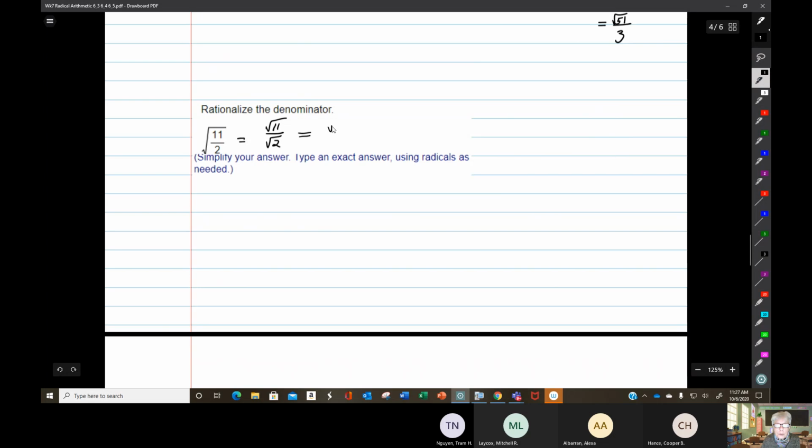Well, that's going to equal the square root of 11 over the square root of 2 times 1 in the form of the square root of 2 over the square root of 2. Then I multiply the numerators together and get the square root of 22. And I multiply the denominators together, get the square root of 2 squared, or we could just say 4, because everybody and their uncle knows the square root of 4 is 2. So the square root of 22 over just 2.